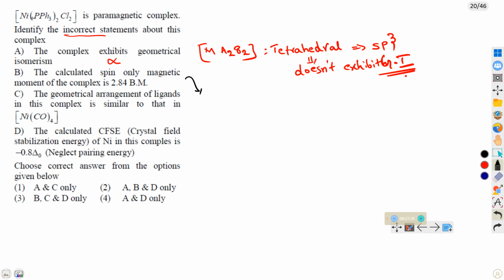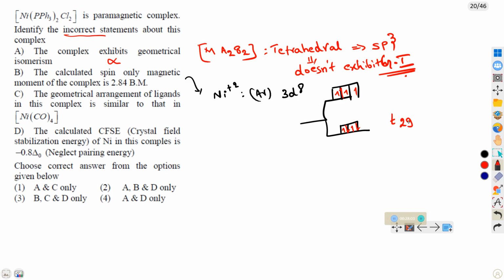The calculated spin only magnetic moment. Here calculate Ni. Ni is in +2 oxidation state, argon 3d8. Now tetrahedral complex, Eg at bottom, T2g at top. Total number of electrons is 8: 1, 2, 3, 4, 5, 6, 7, 8.